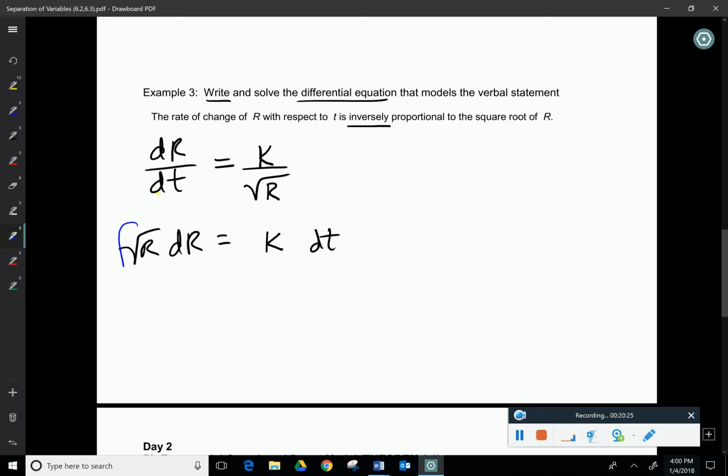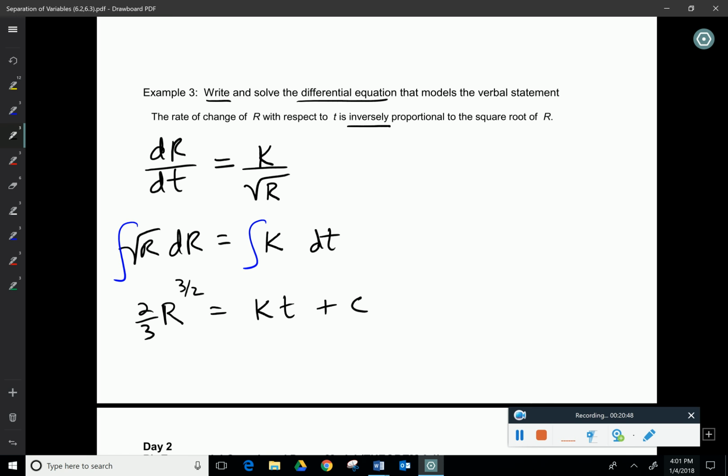Now I'm ready to integrate both sides. So if I integrate r to the 1/2, it's going to be r to the 3/2 times 2/3. Now remember, k is a constant. So if I integrate k, isn't it just going to be kt? And then don't forget your plus c.